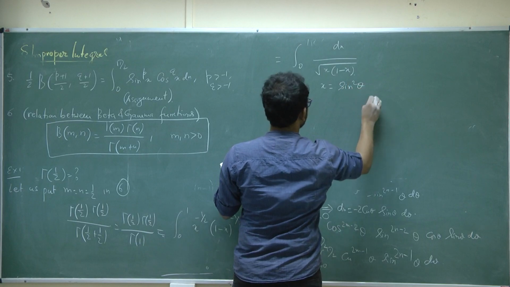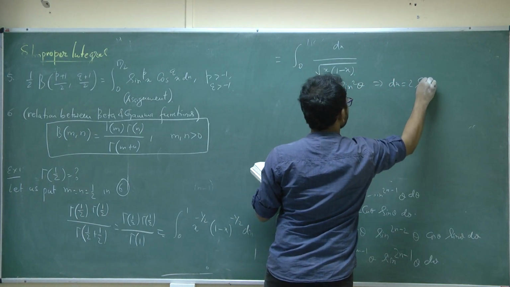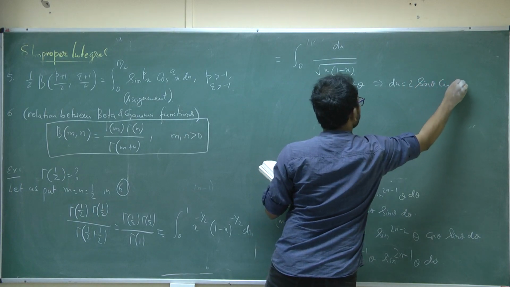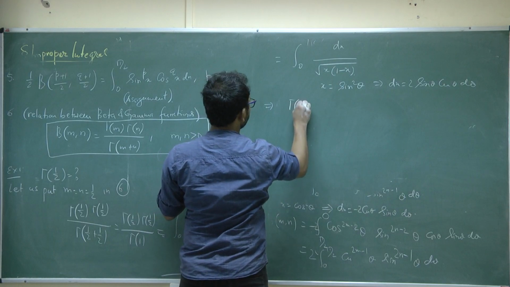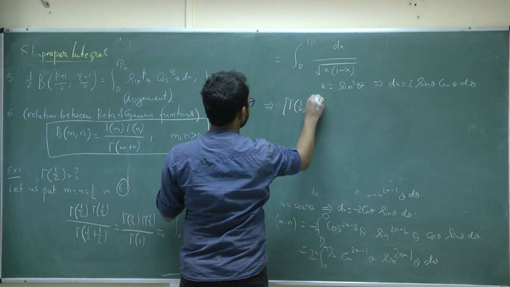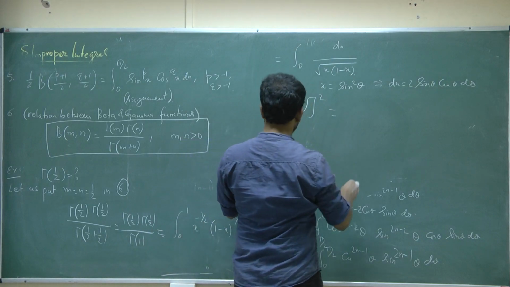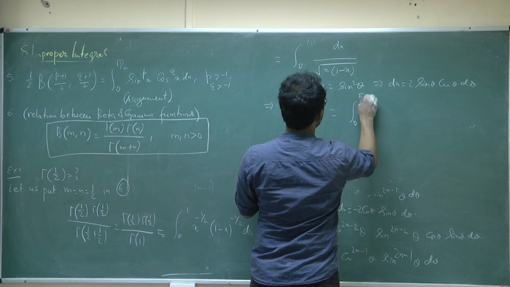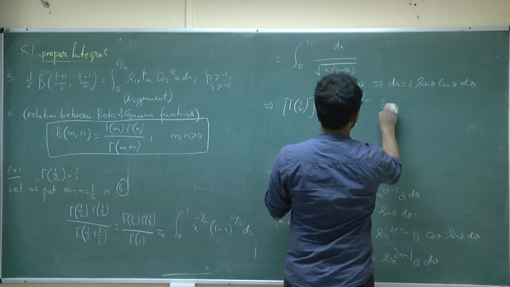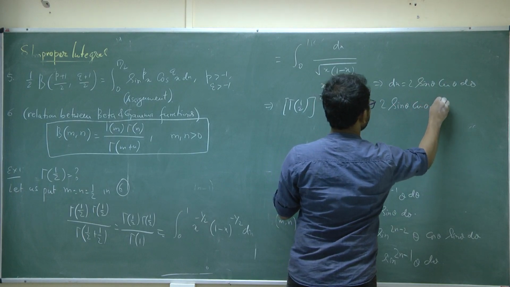If you substitute x equals sine squared theta, dx is 2 sine theta cos theta d theta, and therefore everything will reduce to gamma half whole square. Since gamma 1 is 1, I am not writing that in the denominator, and this will reduce to the integral from 0 to pi by 2 of 2 sine theta cos theta d theta.